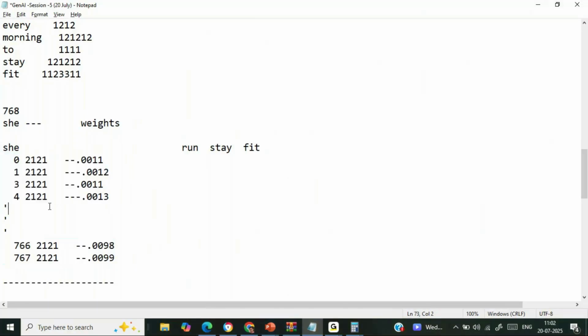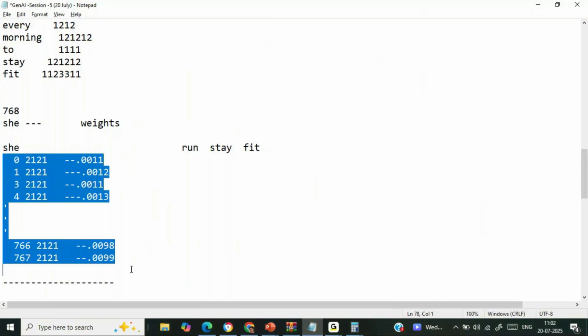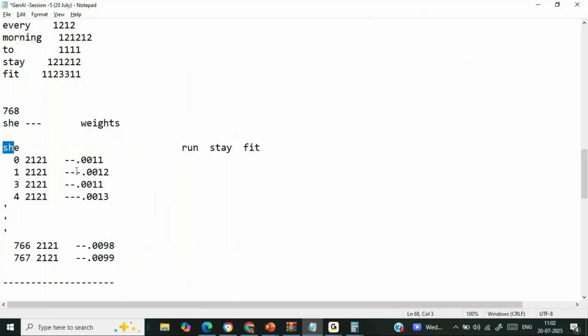And the tokens and the weights will be picked based upon the interaction, or based upon the inference of each other. One token is going to influence the other token's weight. We will see practically how this inference happens.